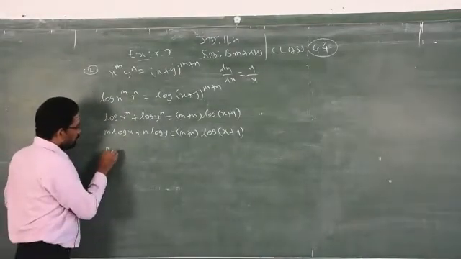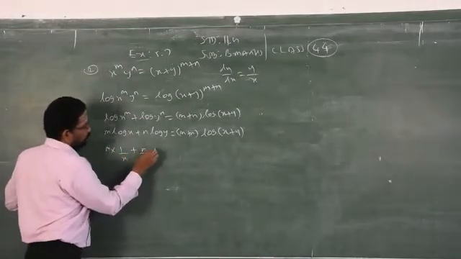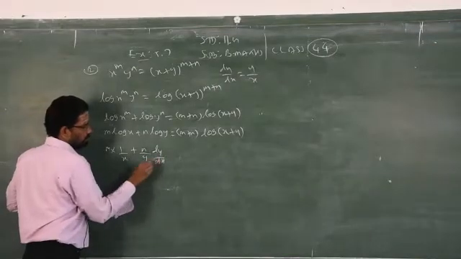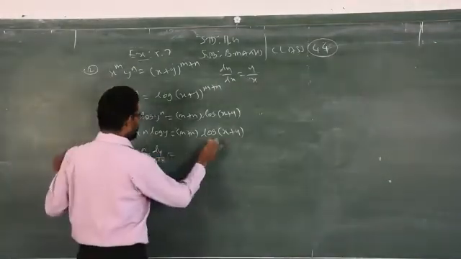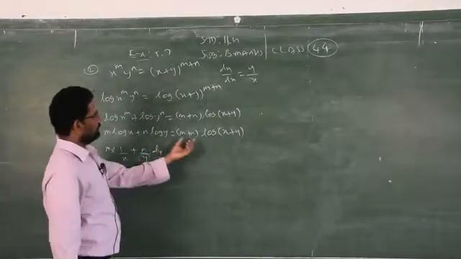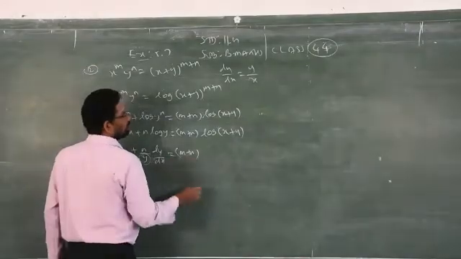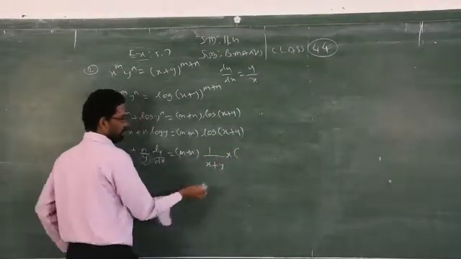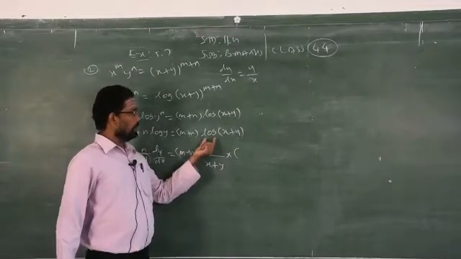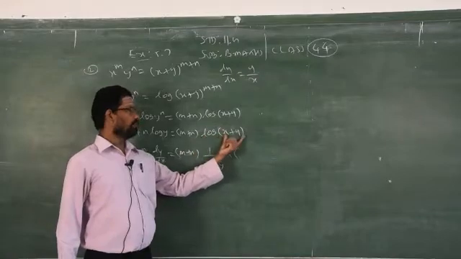Now differentiate: 1 by x, 1 by y, dy by dx, because we are differentiating y with respect to the x variable. There is no need to use the EV method because we don't have any x and y product. So keep m plus n as constant, log, that is 1 by x plus y into the inside of the bracket. I told you already, you have to differentiate the logarithm first, then you differentiate inside the bracket.